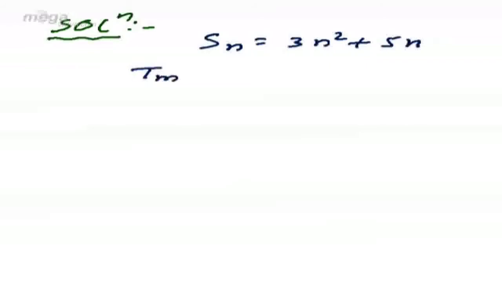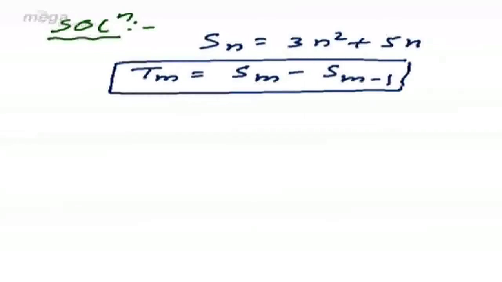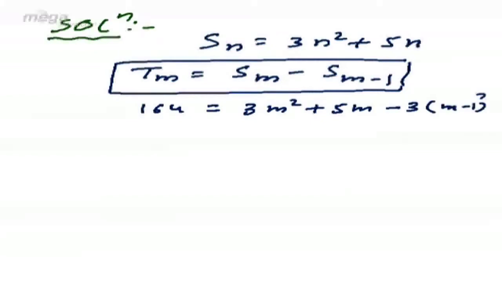Then Tm is equal to Sm minus S(m-1). In the question, the mth term is given as 164, so I write 164 equal to 3m square plus 5m minus 3 times (m minus 1) square minus 5 times (m minus 1).